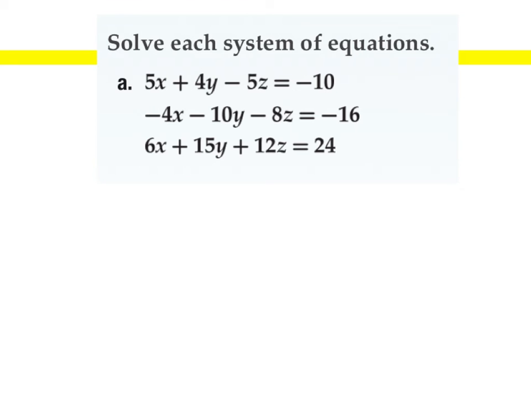There's no single variable. So we're going to have to multiply. We can multiply by 2, like we can multiply both of our equations if we need to. So let's pick a variable and we'll just work with that. Which one do you want to pick, x, y, or z?